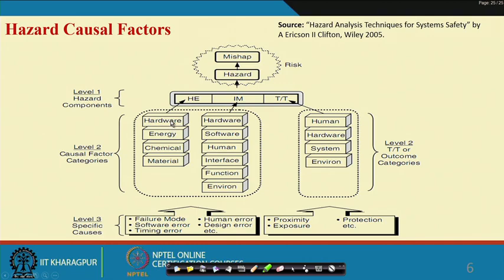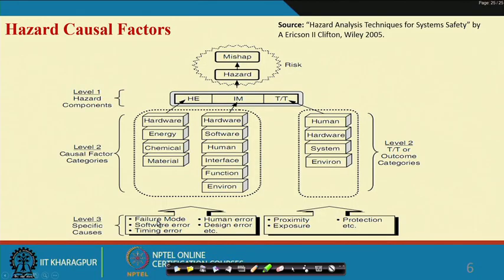If you dig down further, suppose you are talking about hardware, say a motor fails, then you find out why that motor fails. Then you find the level 3 specific causes, like failure modes. For example, pump fails to run, pump stops prematurely, pump overruns. These are the failure modes. So with reference to energy, pressure builds up and you are not able to control it further.